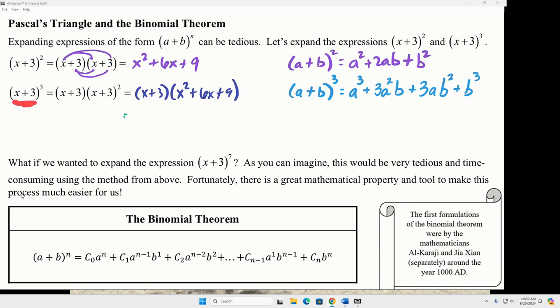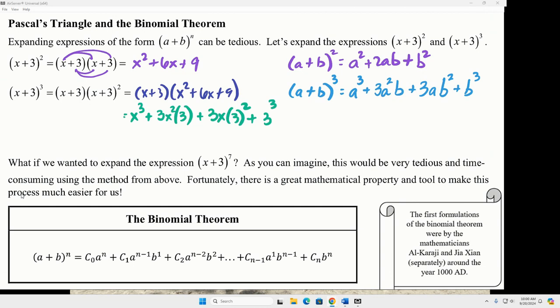I would go back to this one. I'm going to cube x. Then it's going to be 3. And then the x is going to be squared. And then we're going to multiply it by b. And then I have another 3. And then we're going to have x to the first, 3 to the second, and then 3 to the third.